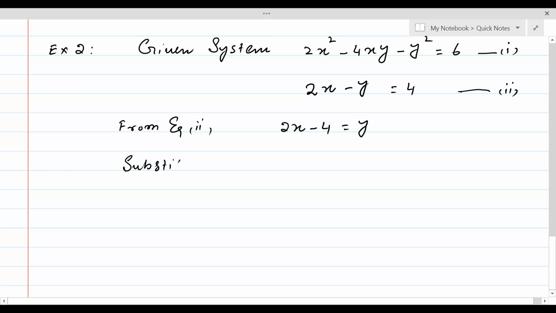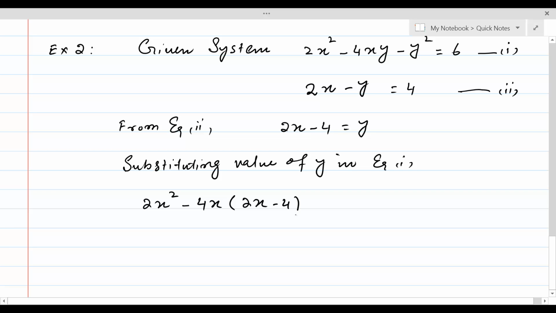So now substituting the value of y in equation 1, we'll have 2x square minus 4x. Instead of writing y now, we are going to write 2x minus 4, minus, instead of writing y again, we are going to write 2x minus 4 whole square equal to 6.